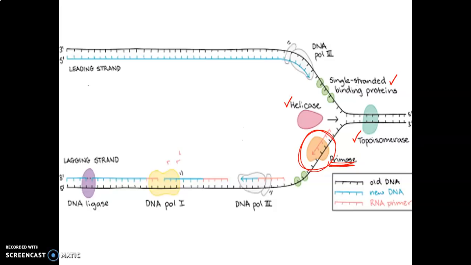And cell division is vital to making you go from one cell to the 3 trillion cells that make you up now. So primase's job is to come in and lay down an RNA primer.